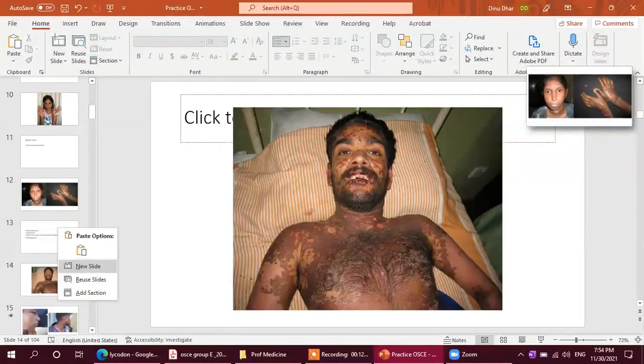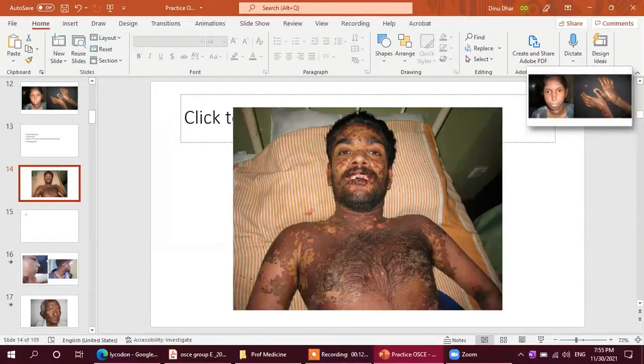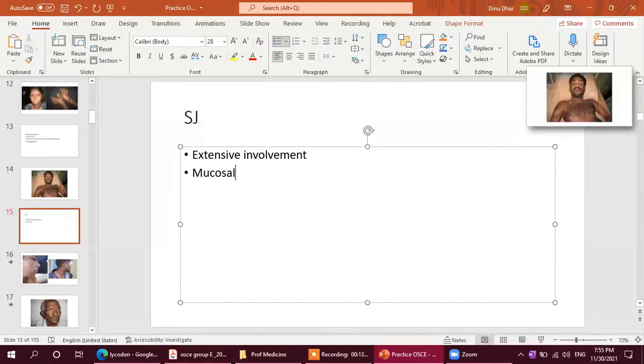Now, this is Stevens-Johnson syndrome. You can see the extensive body involvement and mucosal involvement. So this is mainly Stevens-Johnson syndrome. You can also see a bit of skin peeling off.